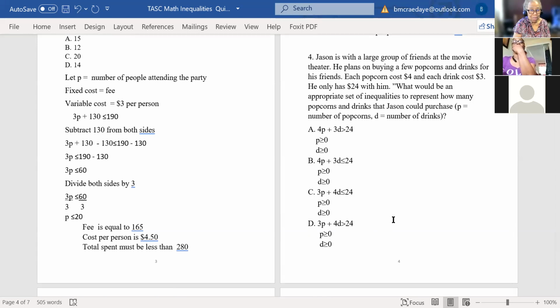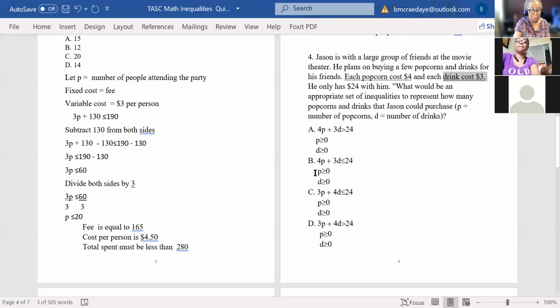I put B for mine. Yeah, B is correct because C says $3 for the popcorn. The popcorn is not free. The popcorn here is 4. So you have to be careful here, because C says $3 for the popcorn, and the popcorn is 4.